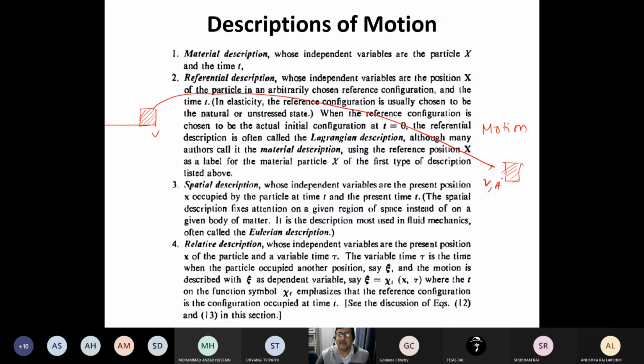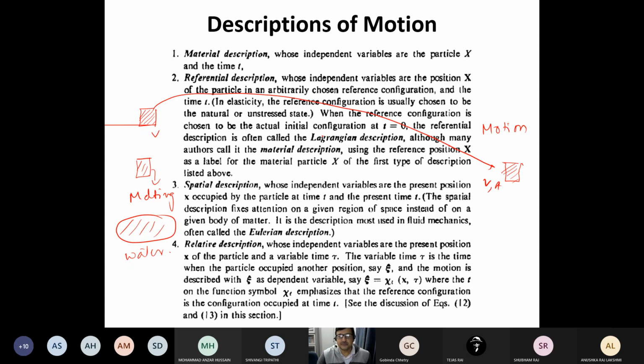But this is not the only variety of motion. Suppose you have an ice cube which is melting, and over a period of time it is becoming water. This is also a motion.